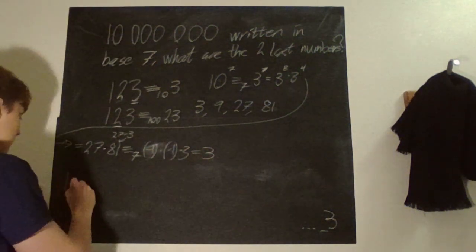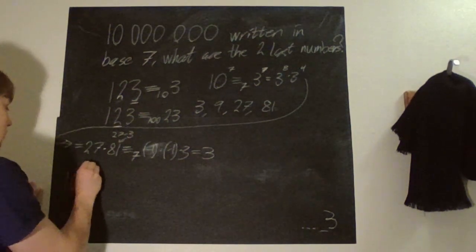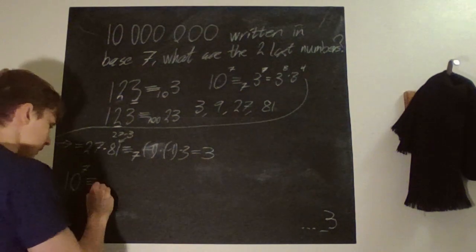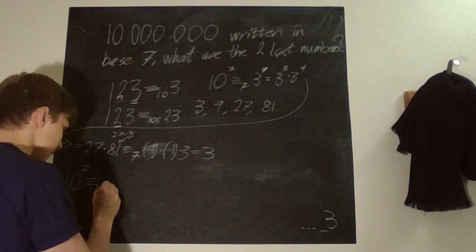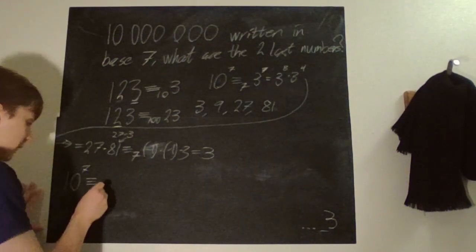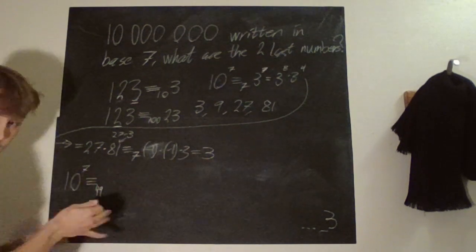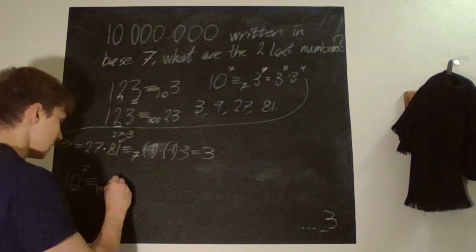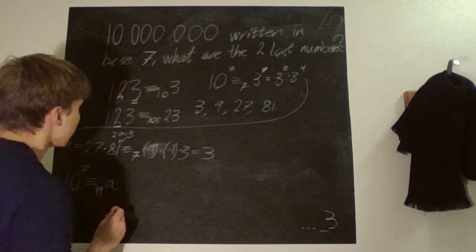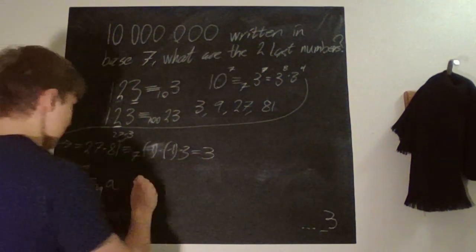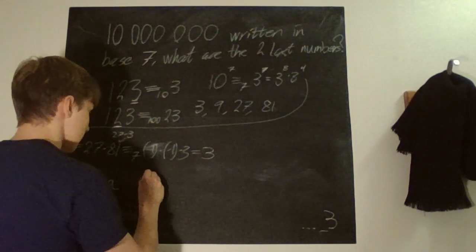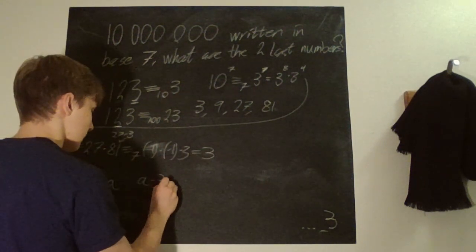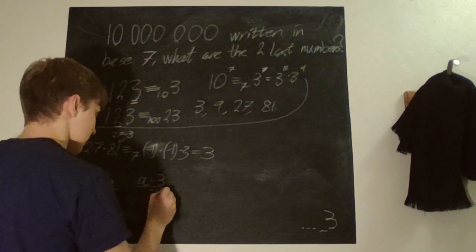So what we want is 10 to the power of 7, the remainder of integer division, or modulus, 49, which is 7 squared. Say we call that A. And then we just want A minus 3, because it's the same thing, divided by 7.